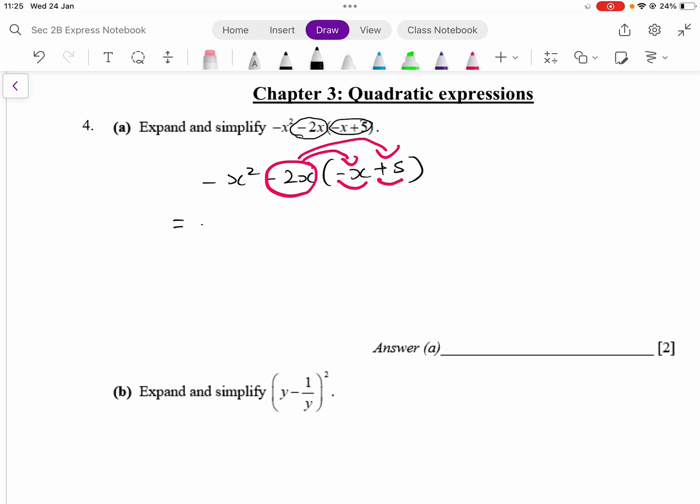So we get minus x squared, minus 2x times x is plus 2x squared, minus 2x times 5 is minus 10x. So these two are like terms, right? So we will get x squared minus 10x. And this is our answer for the first one.